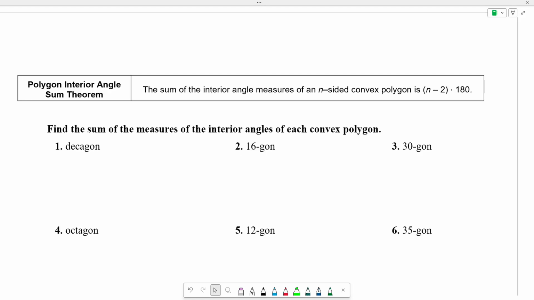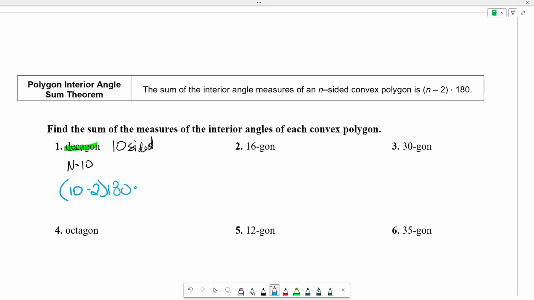So a decagon, well, first we have to remember how many sides a decagon has. Based on our root word here, deca means 10, so this is a 10-sided polygon, so n equals 10 for our formula. My formula says I have to do 10 take away 2 and multiply that by 180.